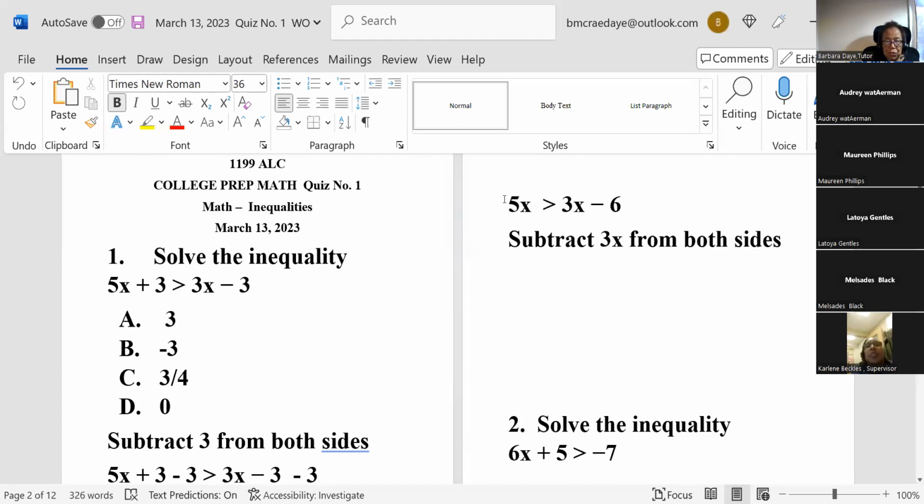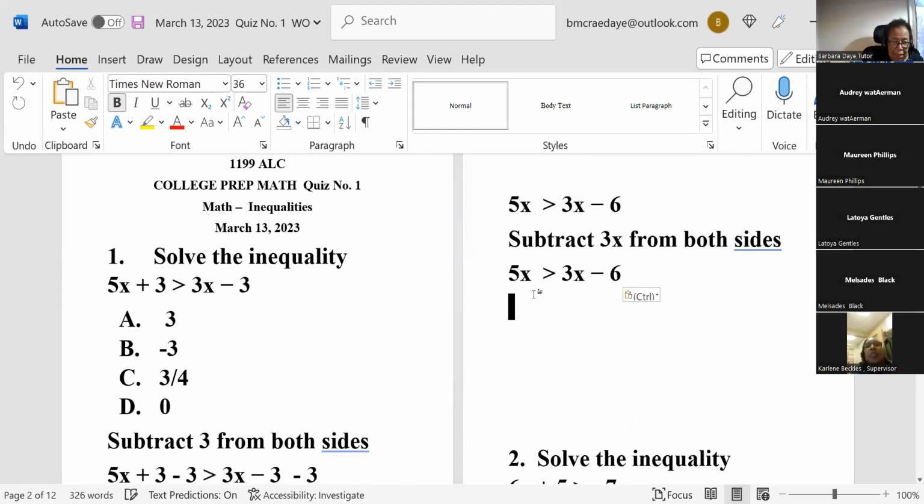Okay, so let's just do that. Take the 5x greater than 3x minus 6. Subtract out the 3x. Minus 3x, and you have 3x minus 6 minus 3x.